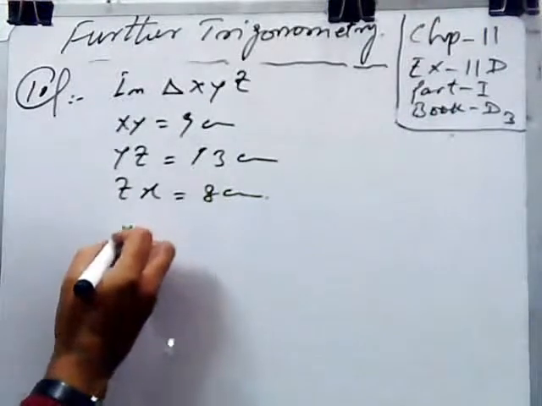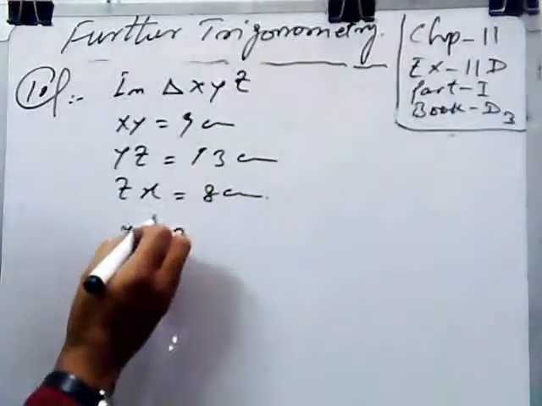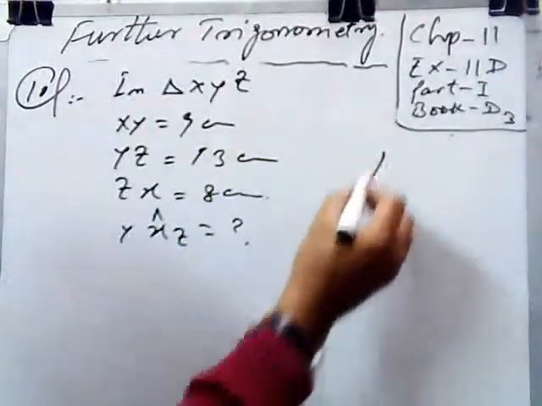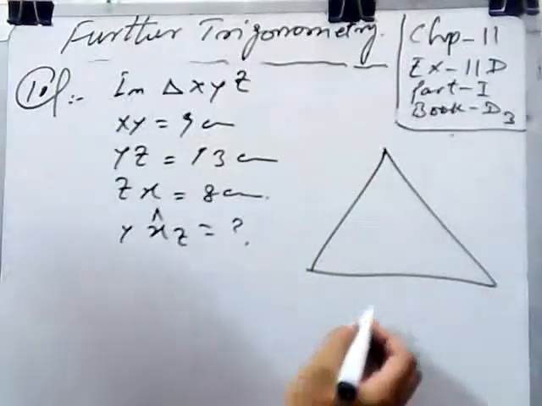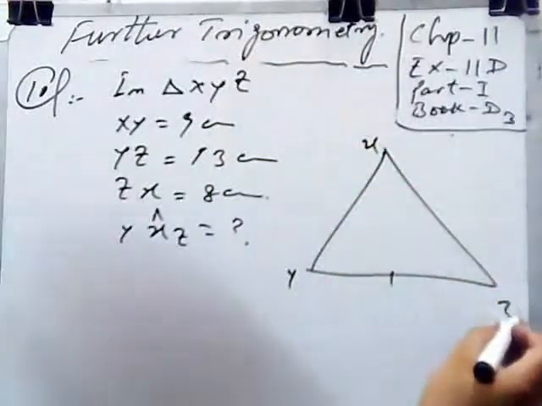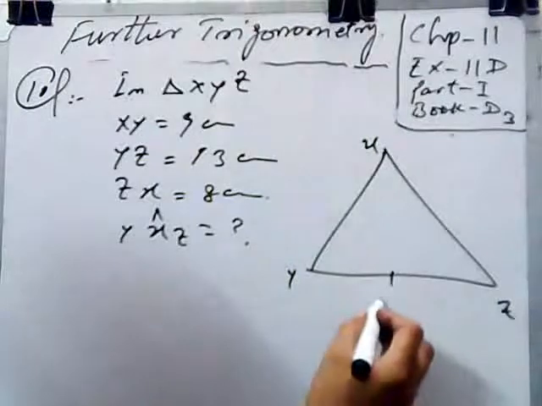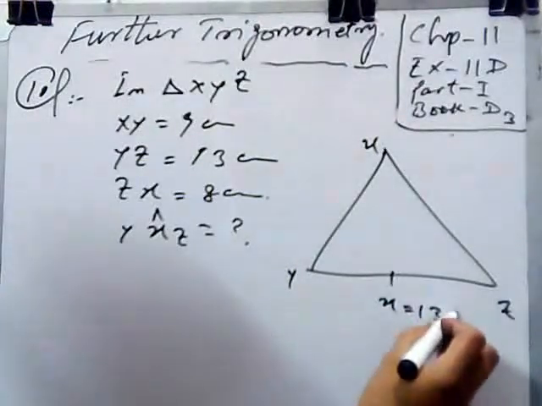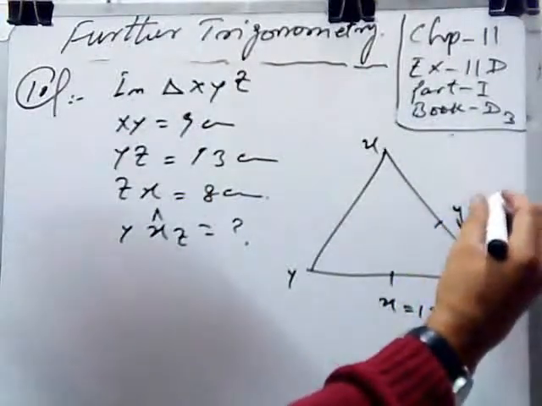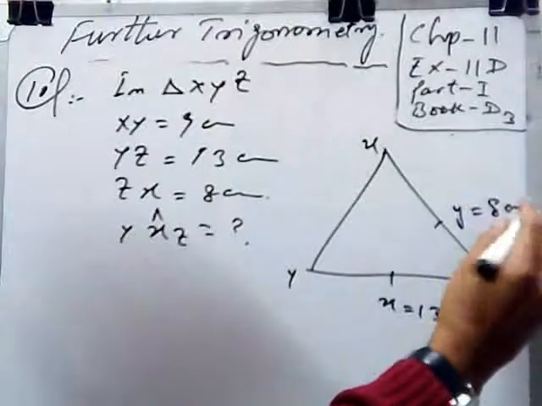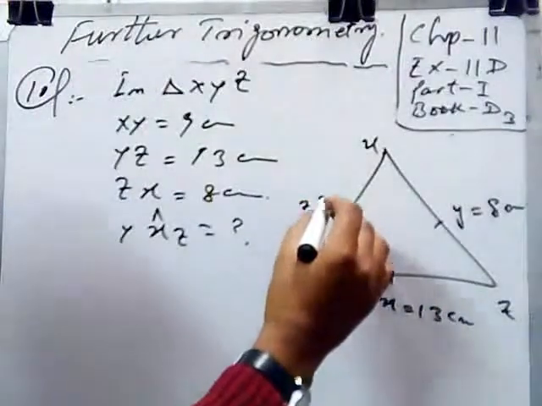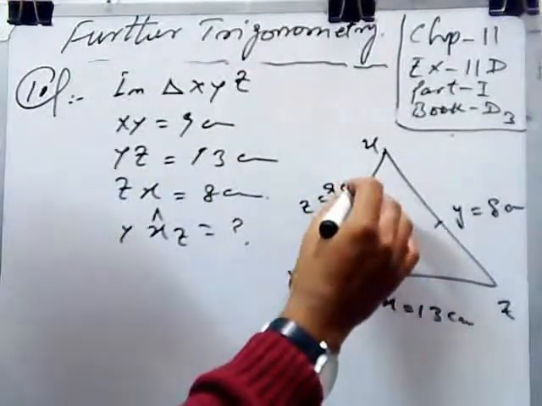Calculate angle YXZ, that is, we have to find the angle X. To understand better the outcome, you can see here, x is equal to 13 centimeters, small y is equal to 8 centimeter, and small z is equal to 9 centimeter.